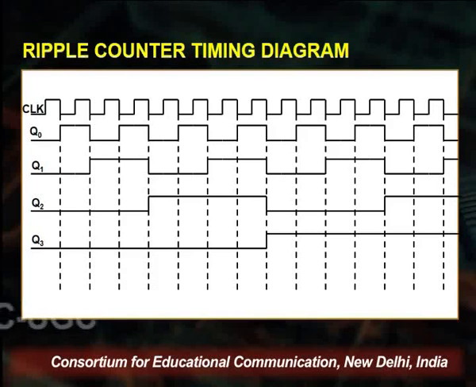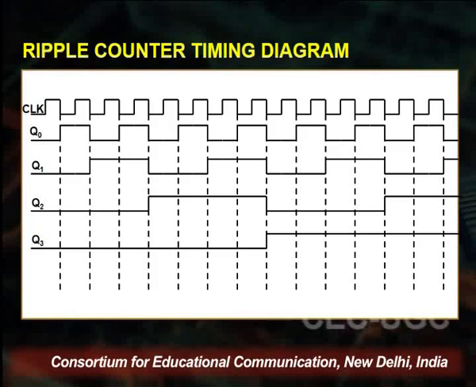At the third falling edge, we see that Q0 has again gone high, Q1 remains high because the clock at the input of J1 K1 has gone from 0 to 1, so no change because it's not a falling edge, and Q2, Q3 still remain 0, 0.